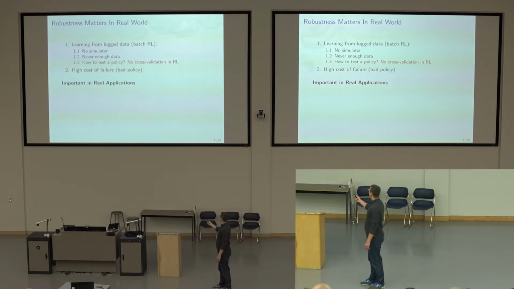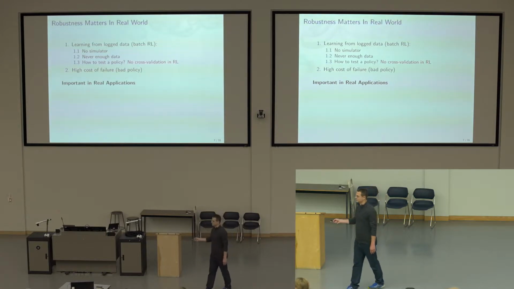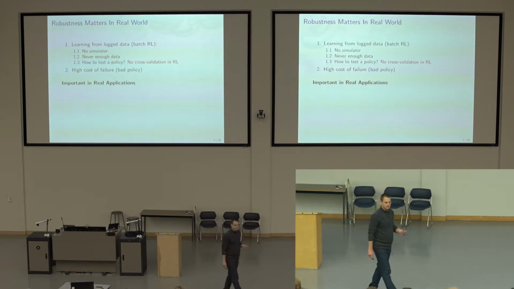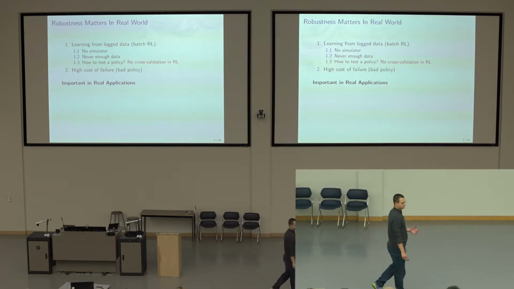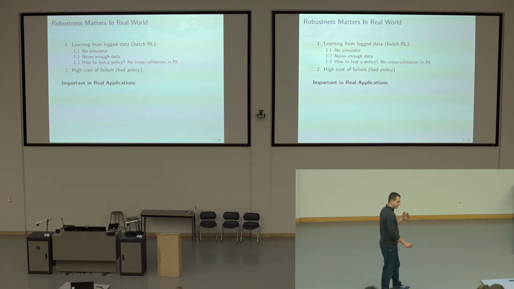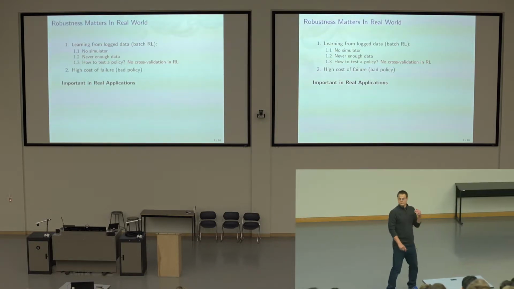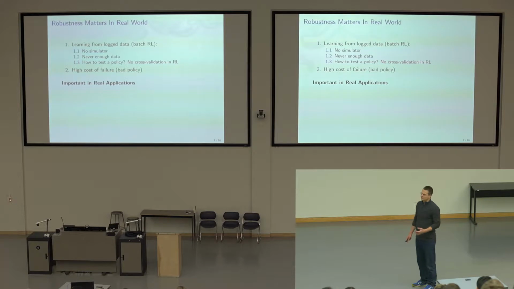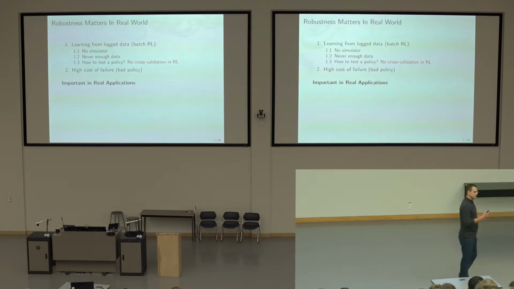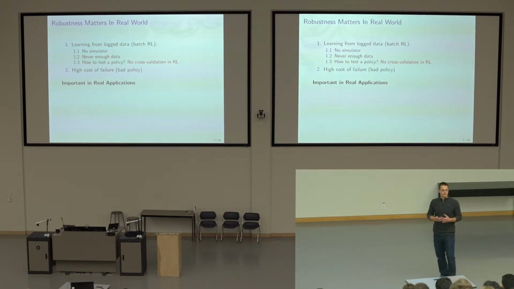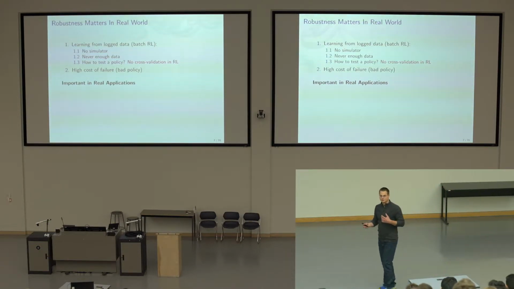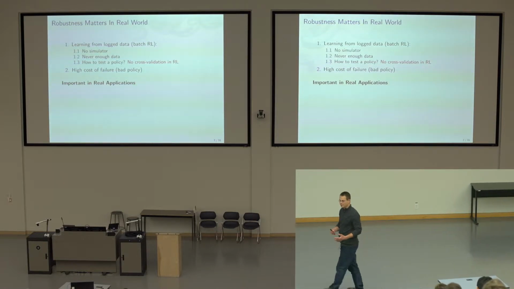Finally, what is really important is that once you're in this batch reinforcement learning setting, you lose a tool that's super useful in regular machine learning. You lose cross-validation. You don't have a training set. You don't have a test set. So it's really hard to tell when you compute a policy whether the policy is good or whether the policy is bad.